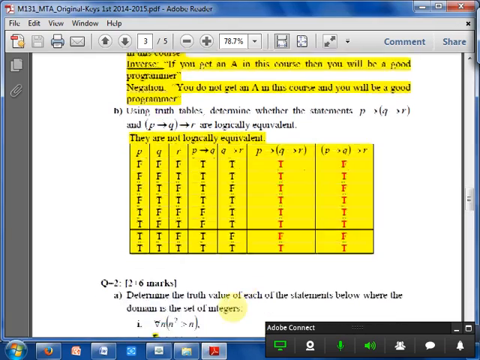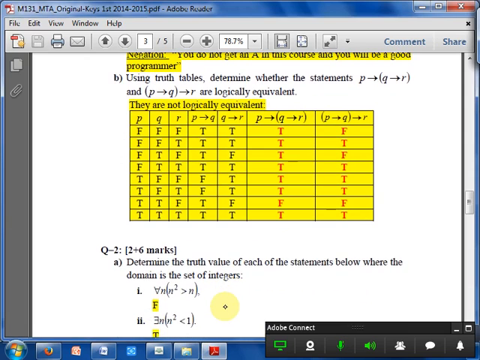Clear? Now moving ahead, using the truth table, determine whether the following statements are logically equivalent or not. You can do this, I think. You have to remember the logic for this. What is P then Q? First write P, Q, R and write its options.